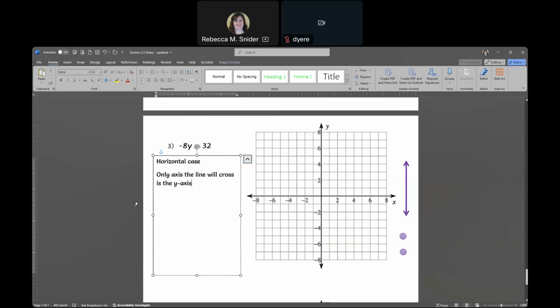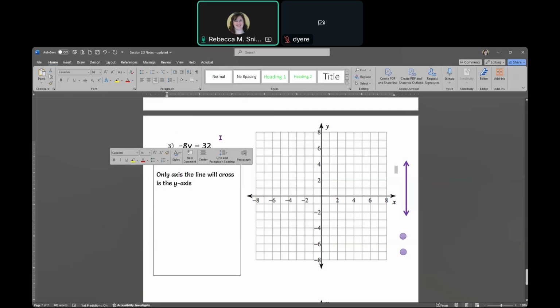Okay. And we still have to do the same thing. We still got to solve it. So here I just simply have that negative 8y equals 32. I would divide both sides by that negative 8. So here we're going to get that y just simply is negative 4.